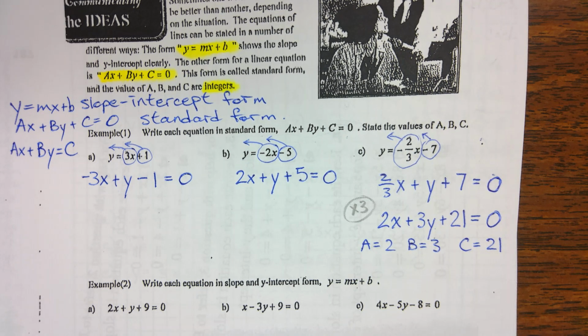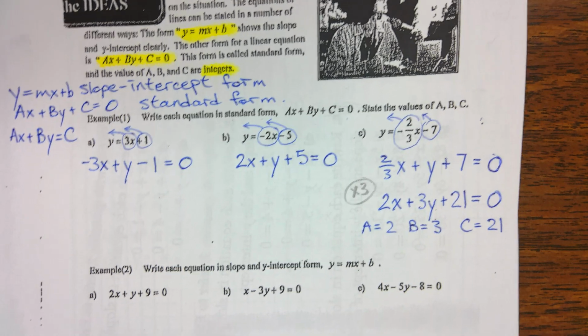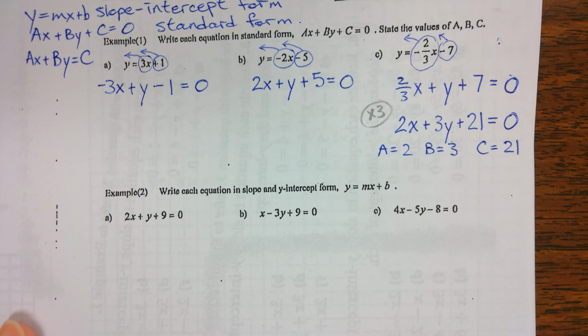Okay. So you guys learned standard form for the sake of learning standard form. As I said, I don't really like it, but what I think is more useful is going from standard form back into slope-intercept form. Slope-intercept form, as you know, is y equals mx plus b, which means what do I want on the left side?